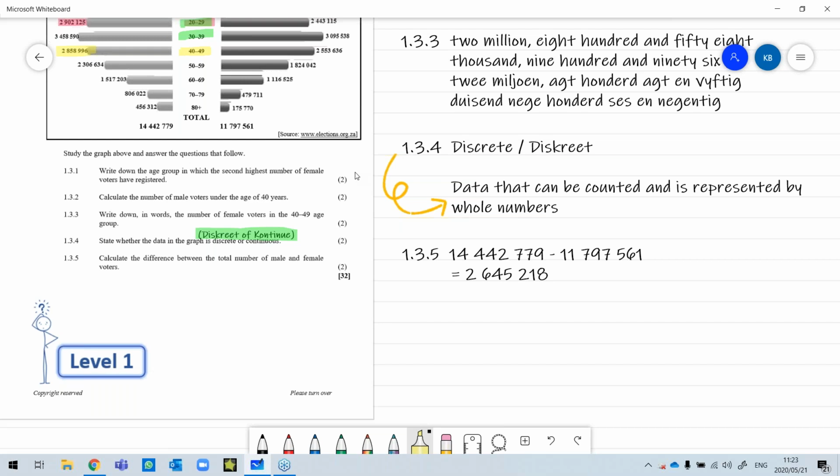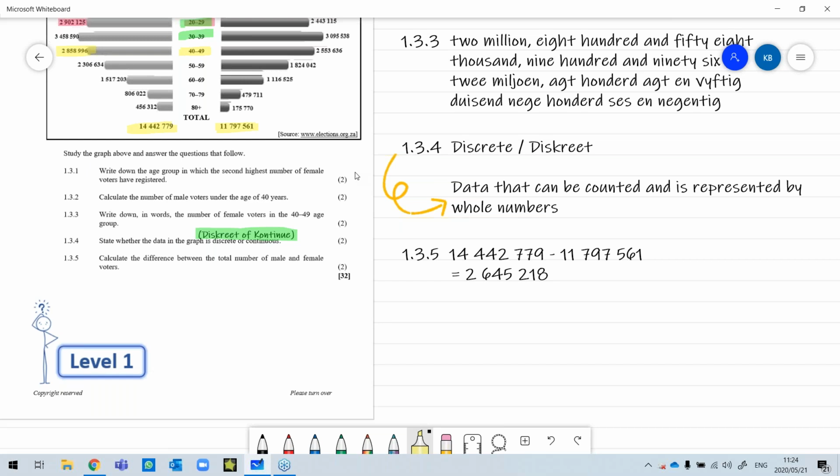Question 1.3.5, calculate the difference between the total number of male and female voters. So you will see right at the bottom, they give you the total amount of females and the total amount of males that registered to vote. So once again, calculate the difference, bepaal die verskil tussen die hoeveelheid mans en vrouens wat geregistreer het om te stem.